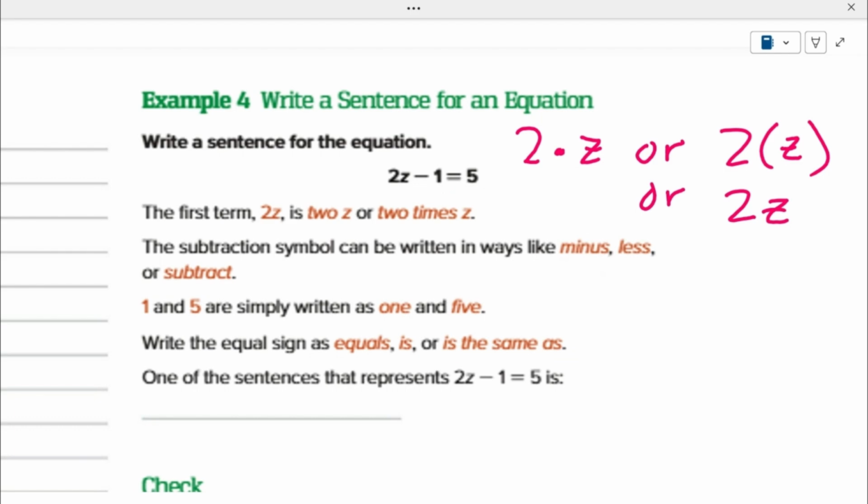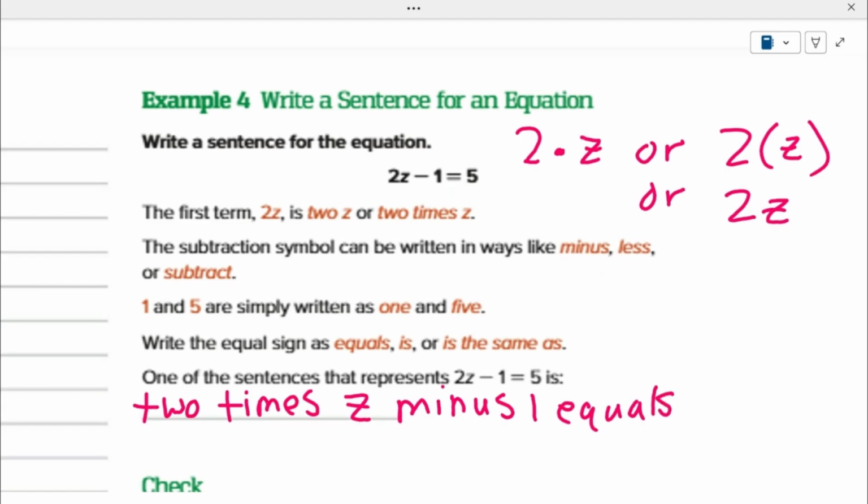So the sentence that we could write is 2 times z minus 1 equals 5.